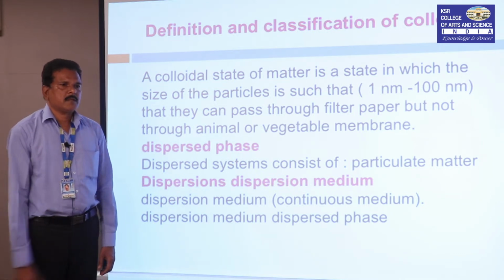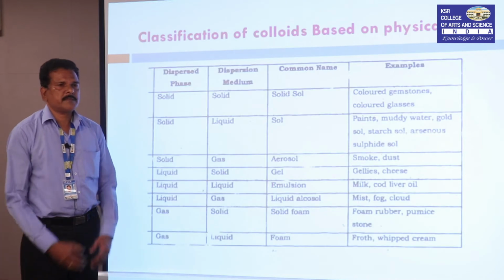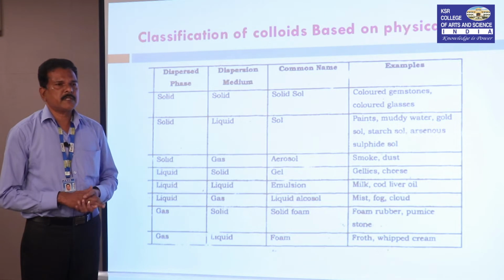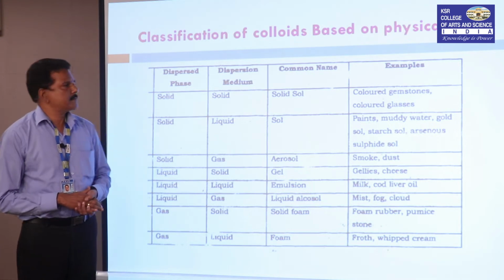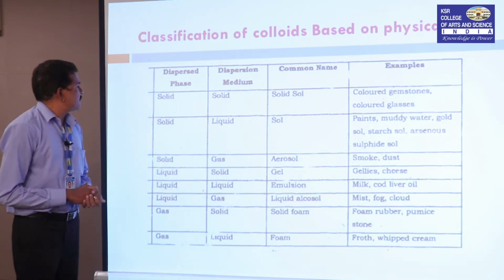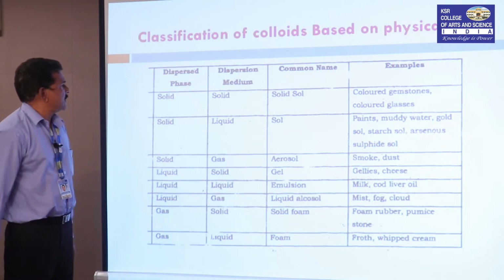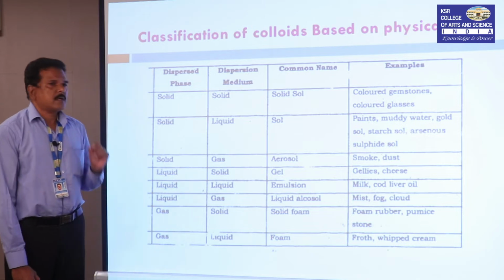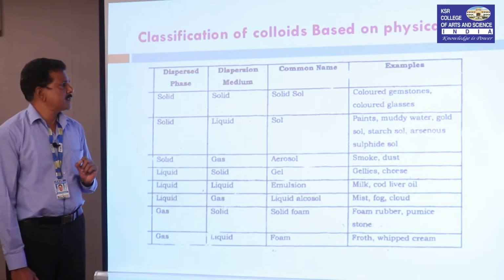Another classification. Based upon the physical state, colloidal systems can be classified into 8 types. First one: if the dispersed phase is solid and the dispersion medium is also solid, the common name of the colloidal system is solid sol.